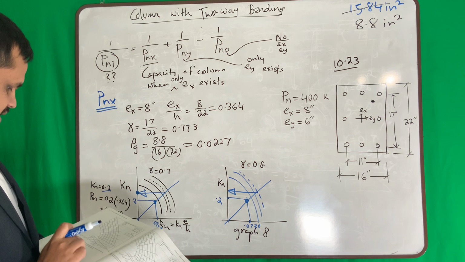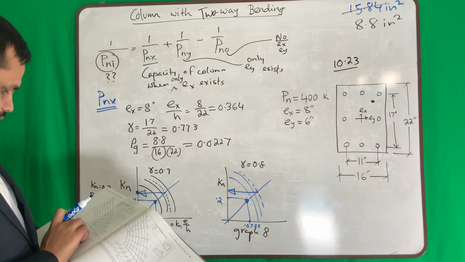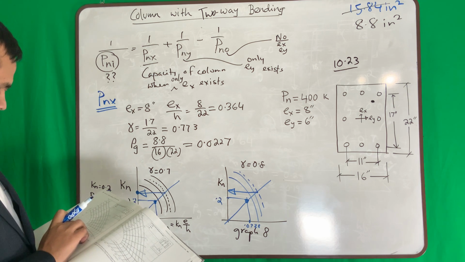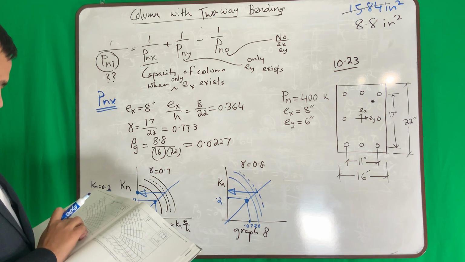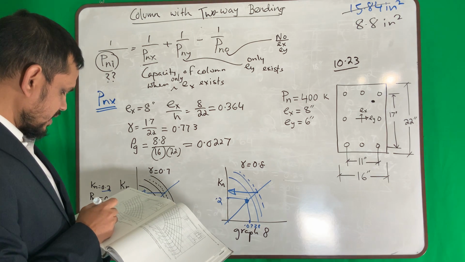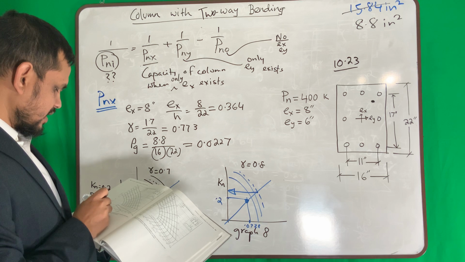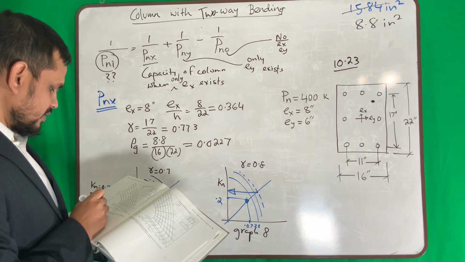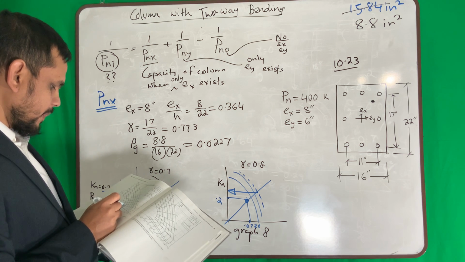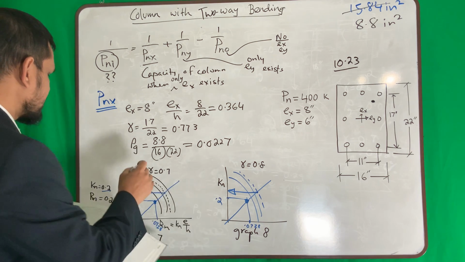So if I use 0.2, 0.07, it is a very small number, less than even 0.1. If I draw a line this way, intersecting the Kn value, I am getting roughly 0.3 something.